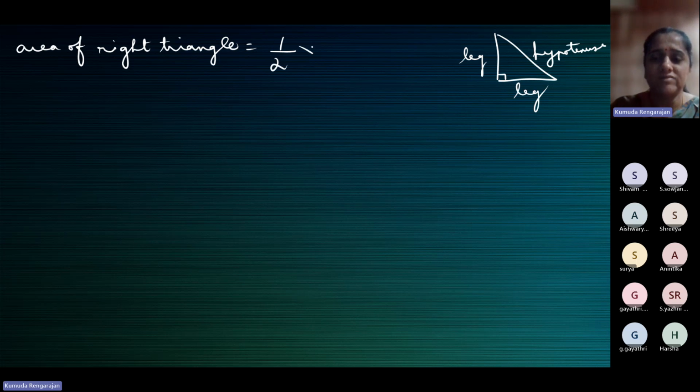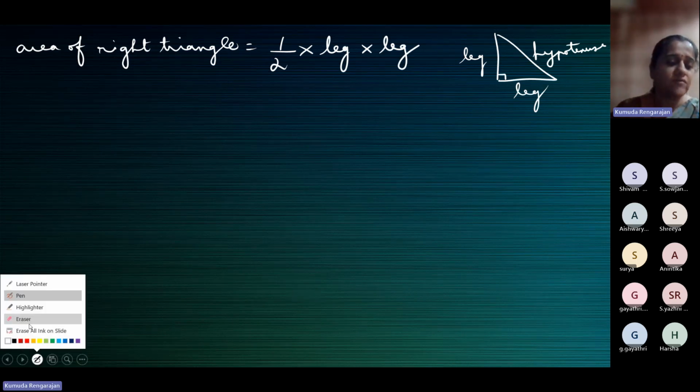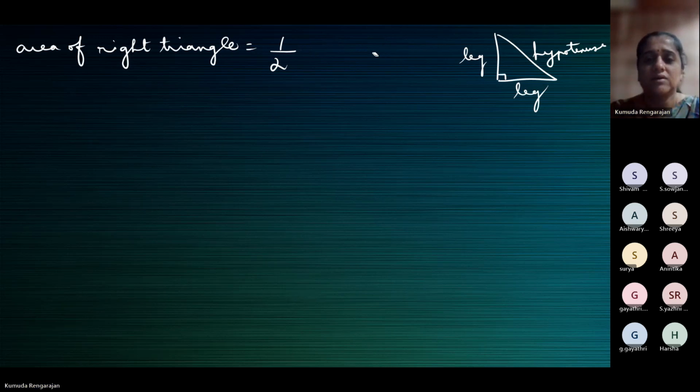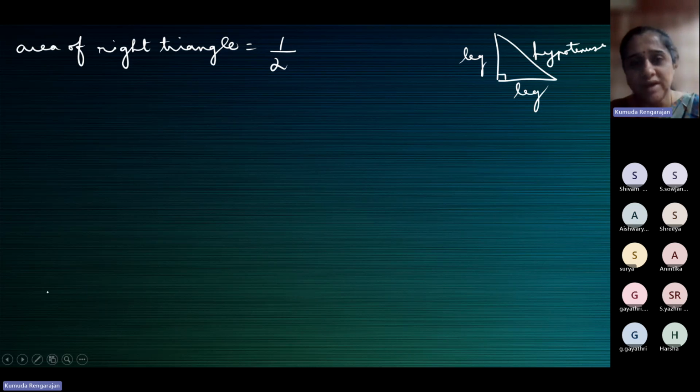Base is the leg and height is also the leg, so it is half into the product of legs. When we say legs, they are the two sides not including the hypotenuse. The hypotenuse is the side opposite the right angle, the longest side.